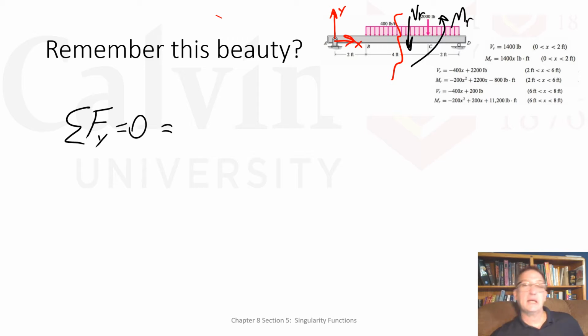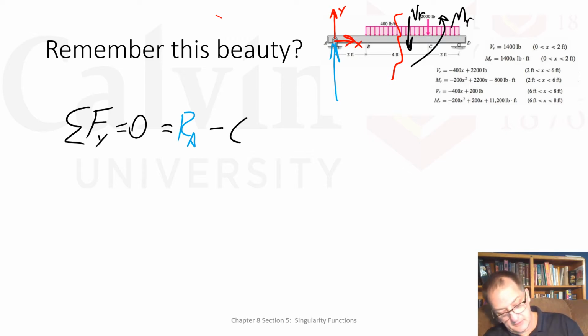Now, we would still have this reaction force, which I should have drawn in, that reaction force at A. Then I'm going to start with a term that didn't show up before, and that is minus x minus 2 times w.